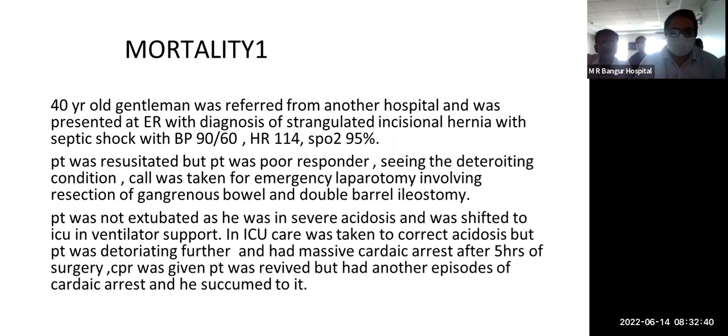Mortality 1, a 40-year-old gentleman referred from another hospital, presented at ER with a diagnosis of strangulated incisional hernia with septic shock, BP 90/60, heart rate 114, saturation 95%. Patient was resuscitated, but was a poor responder. Seeing the deteriorating condition, call was taken for emergency laparotomy with resection of gangrenous bowel and double barrel stoma.